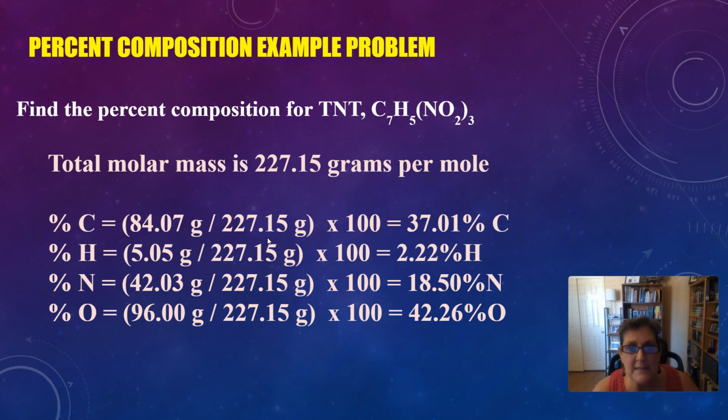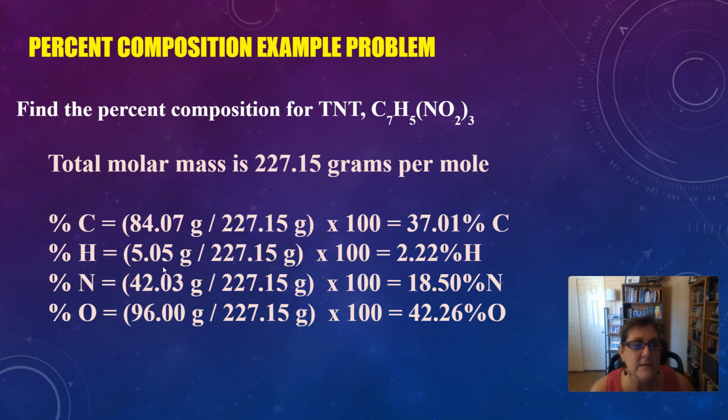Divide by the 227.15 total times 100 gives us 37.01% carbon. 4 sig figs. For percent hydrogen, we have 5 hydrogens. So that's 5.05 grams divided by the total 227.15 grams times 100 gives us 3 sig figs, 2.22% hydrogen.